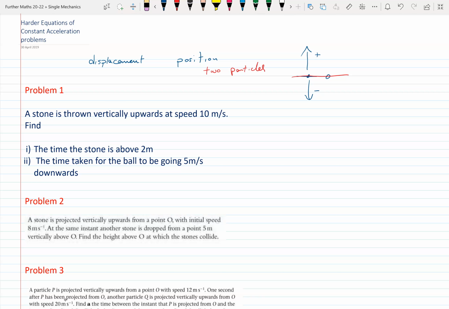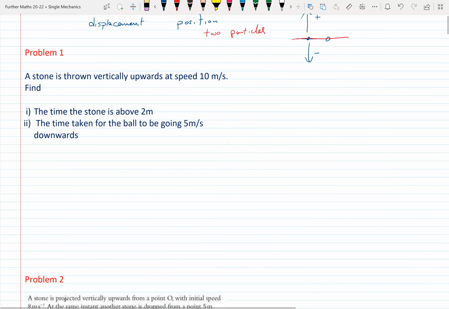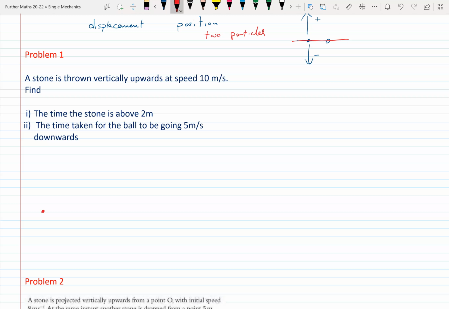Okay, so the first problem. We're taking gravity as we normally do unless told otherwise, in most A-levels, I think all A-level specifications.